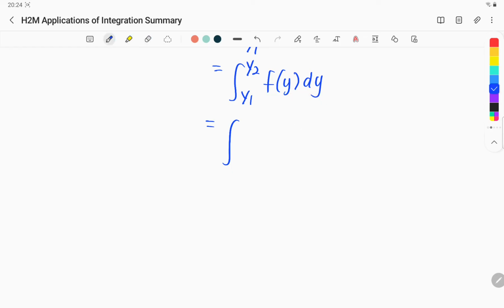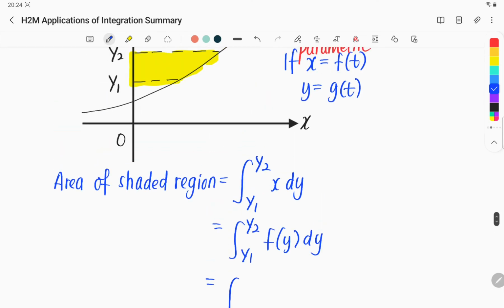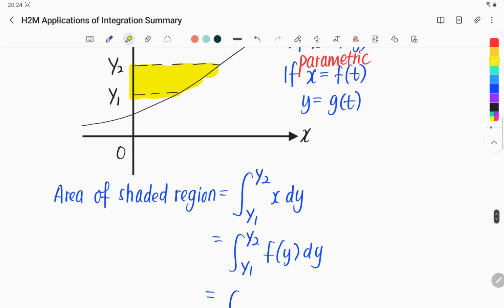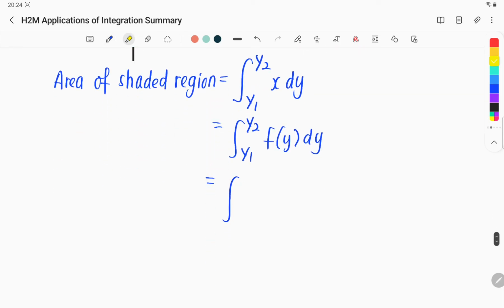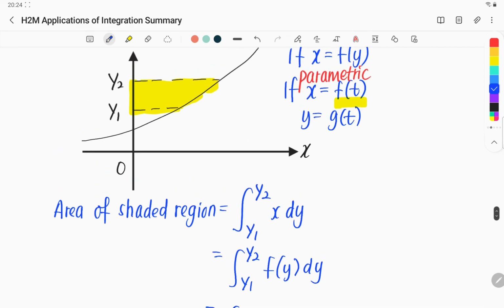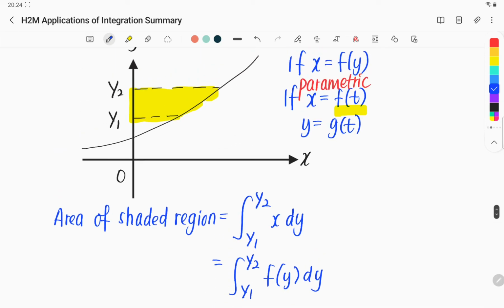I always like to replace the x first because it's the easier one. Just copy f of t. What's next? Replace the dy. Where can I get a dy? I think I can get it from y equals g of t. Differentiate with respect to t to get g prime t.